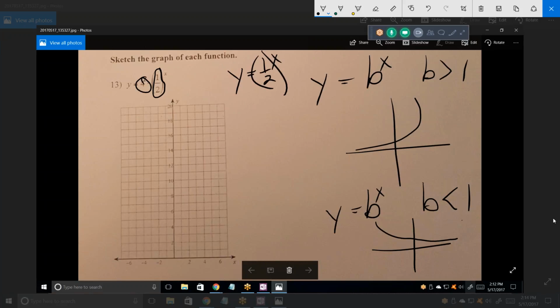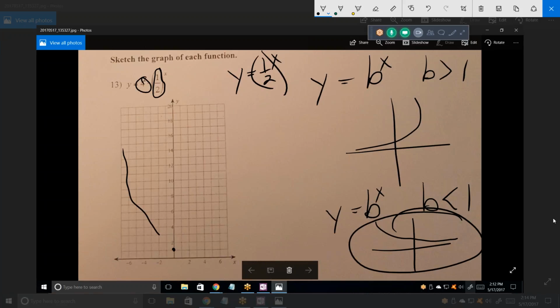We know it's going to look like that, but there's something else very specific to these equations, and that is when x equals 0, y equals 1. Okay. So they all go through that point.